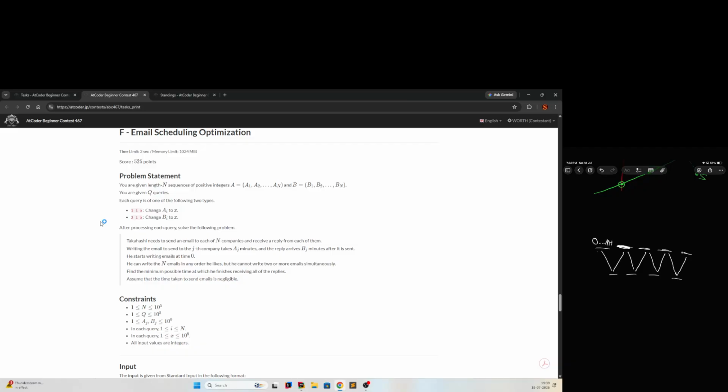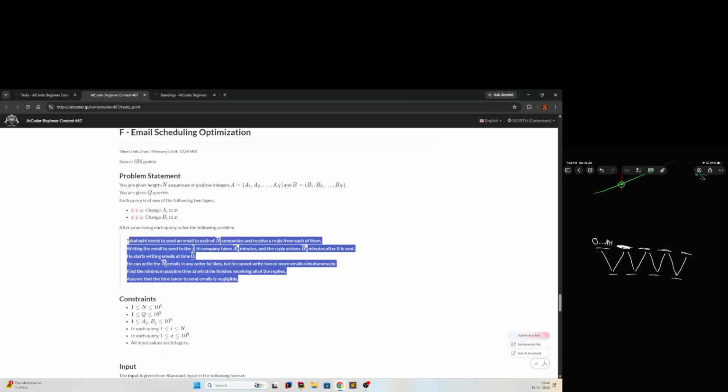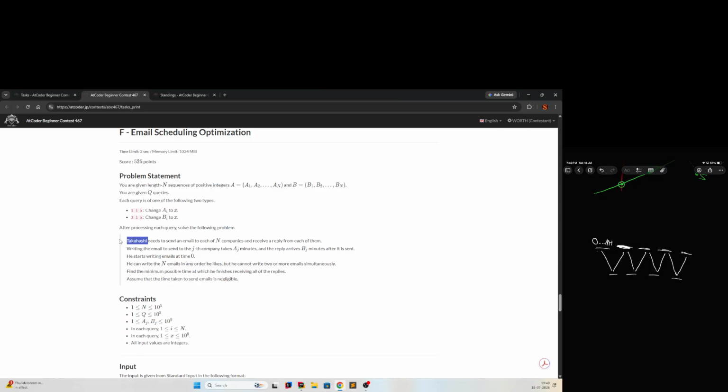Okay, so here we are given two arrays and we are given q queries in which we are asked to either update one of AI or one of BI. After each query we have to solve this problem basically.